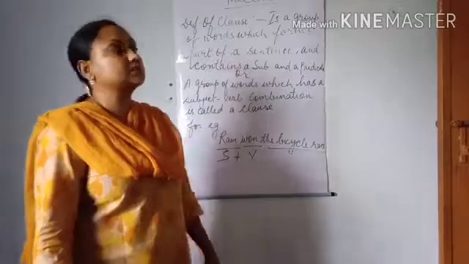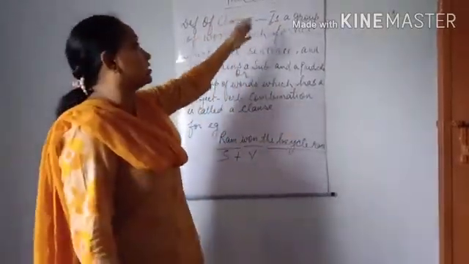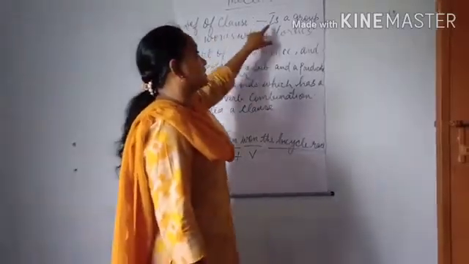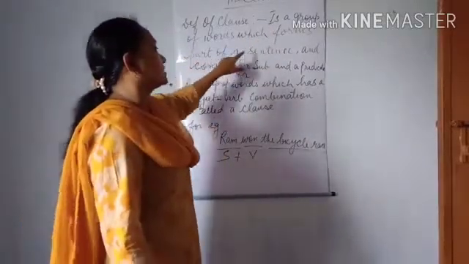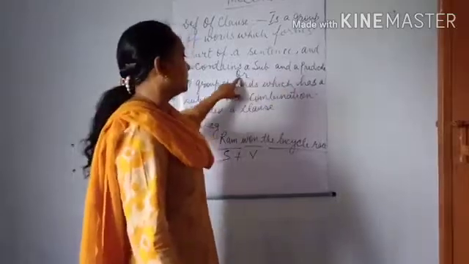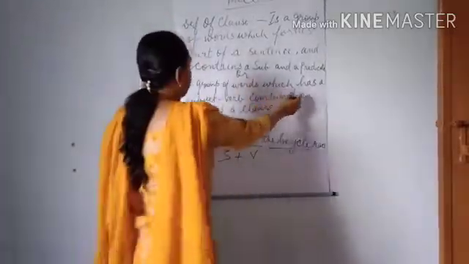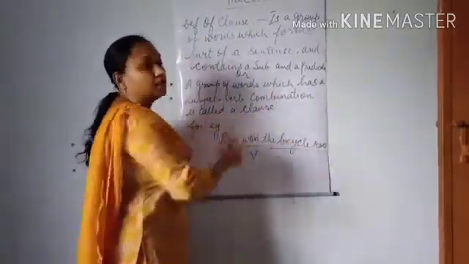Next we will discuss the clause. What is a clause? Now see the definition of clause. A clause is a group of words which forms a part of a sentence and contains a subject and a predicate. Or you can say a group of words which has a subject-verb combination is called a clause.